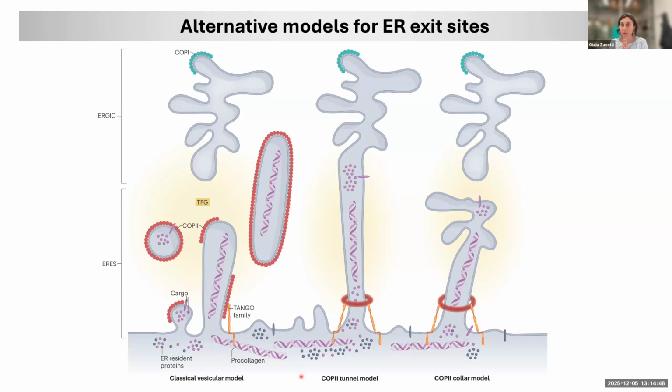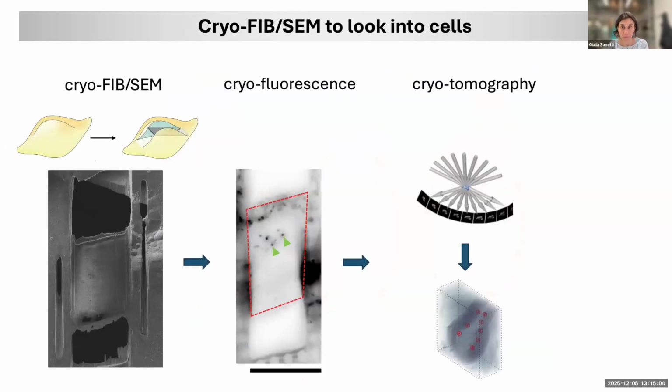Basically, in this paper, we set about determining how ER exit site membranes are organized at the molecular level in mammalian cells using a multi-scale approach. This includes cryo-correlative light and electron microscopy and other techniques.